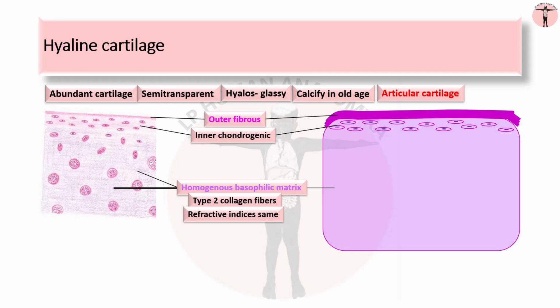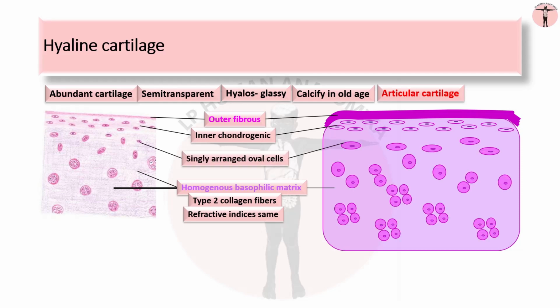The cells are arranged singly in the peripheral part, which are ovoid in shape, and the long axis of the oval cell is parallel to the surface of the cartilage. In the inner part towards the center, the cells are arranged in clusters or groups. These groups are called cell nests or isogenous groups.